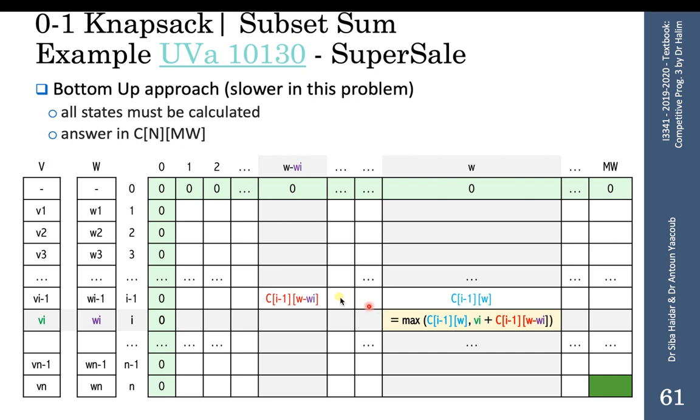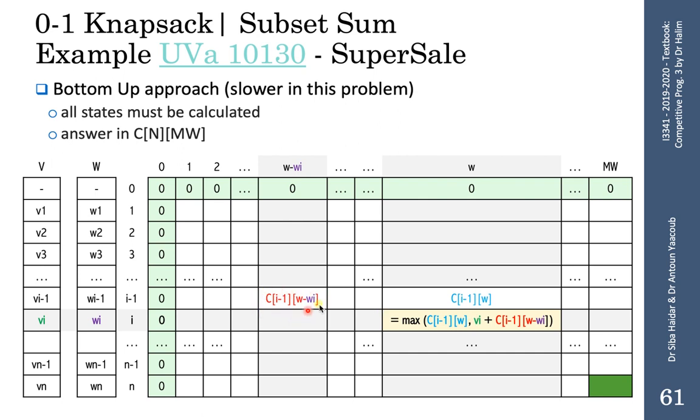If so, I see what if I have taken it. So if I have taken it, it means that I used its value and I added it to the state where the W was not containing the WI.